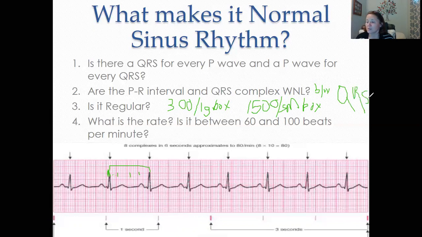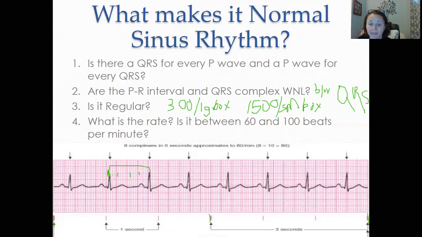That is the other ways that you can measure rate. Typically, the easiest thing is we're going to want a 6-second strip, and we're going to go off these tick marks down here, count our QRS complexes in a 6-second strip, and multiply by 10. But I did want to give you other options also in case you do not have tick marks.